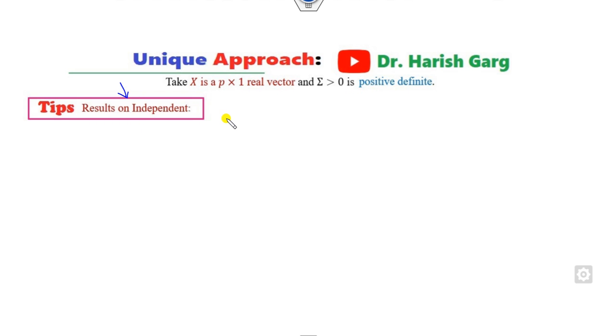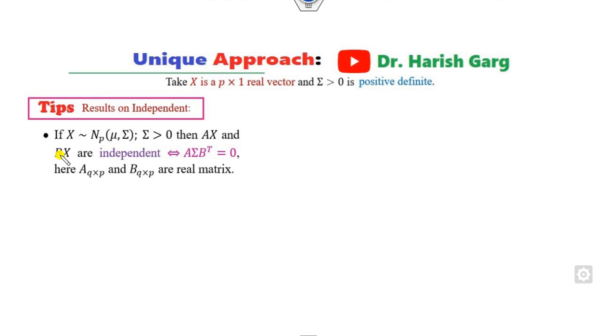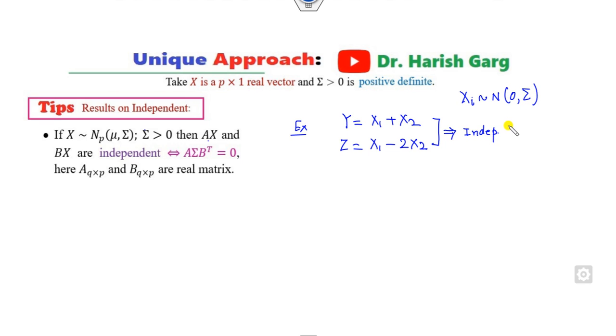The second concept used in the multivariate distribution is how you can check whether the vectors are independent or not. If you have the multivariate distribution, where sigma is a positive symmetric matrix, then AX and BY are independent if and only if this result holds. For example, if Y is x1 plus x2 and Z is x1 minus 2x2, where the xi's follow a normal distribution, how can you check whether Y and Z are independent or not?